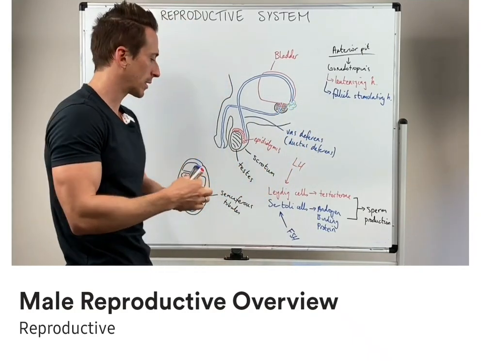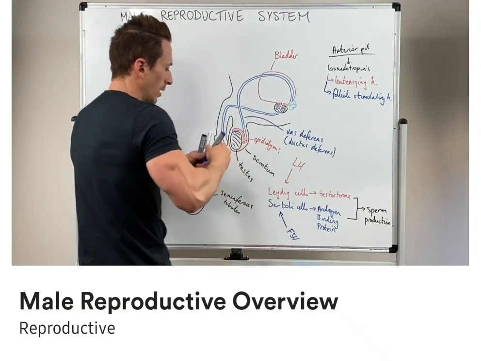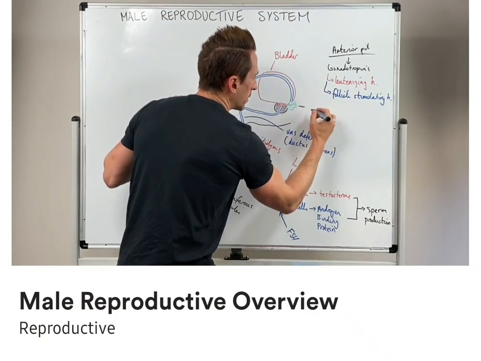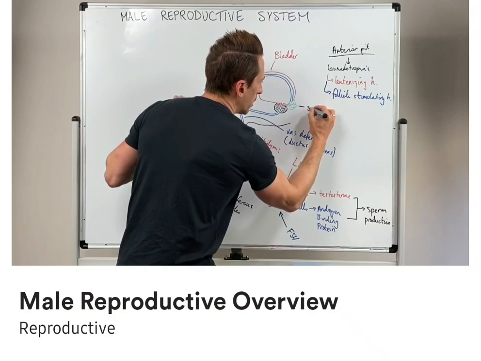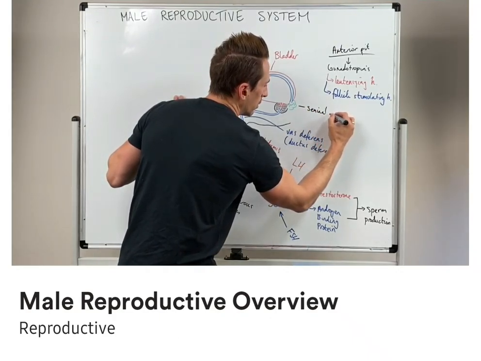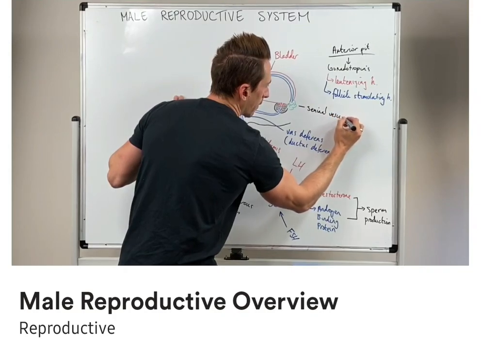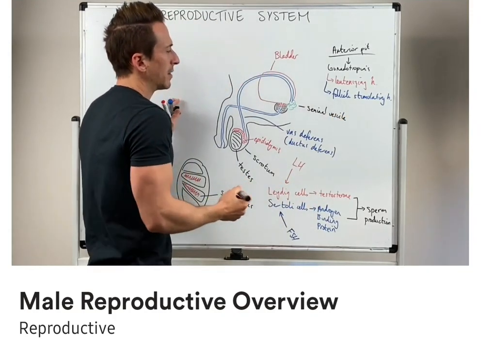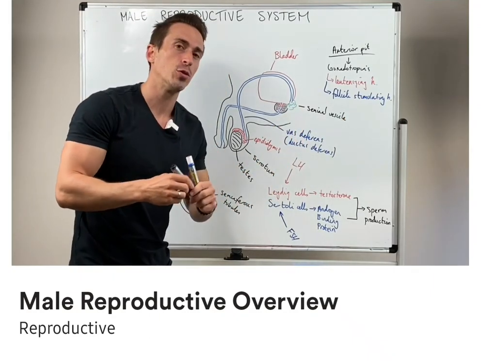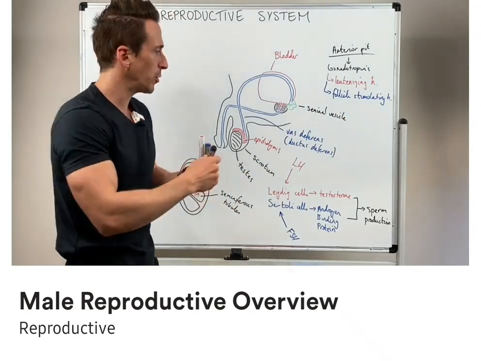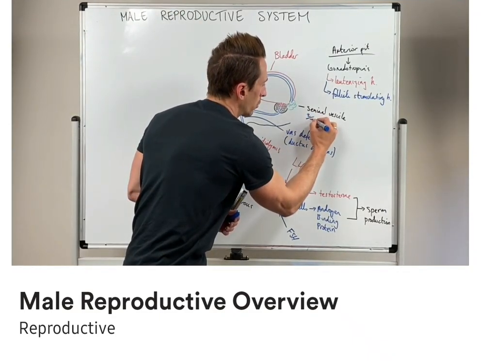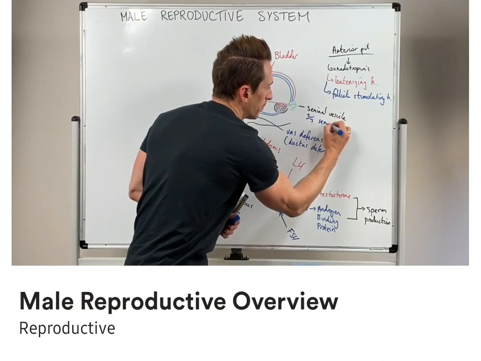Now this gland is called the seminal vesicle. And the seminal vesicles produce a really important fluid. It actually produces two-thirds of the volume of semen.